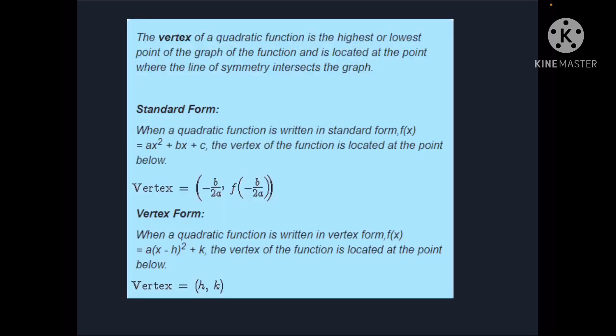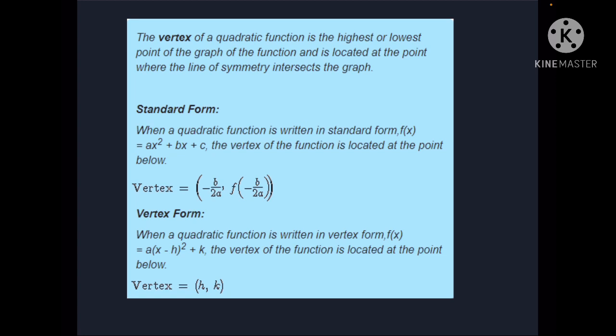What is a vertex in a quadratic function? A vertex in a quadratic function is the highest or lowest point of the graph of the function, and it's found at the point where the axis of symmetry intersects the graph. The vertex is also known as the maximum or minimum value according to your graph, which we will discuss later in our presentation.